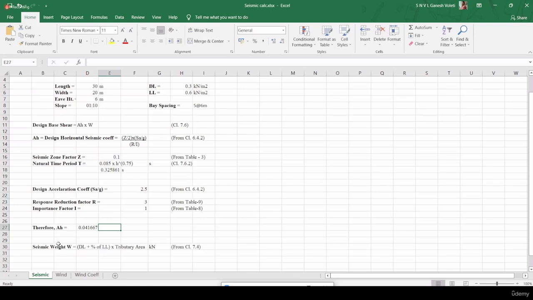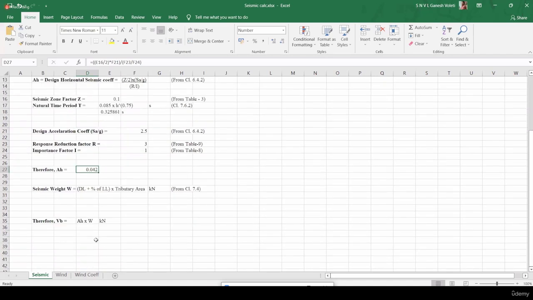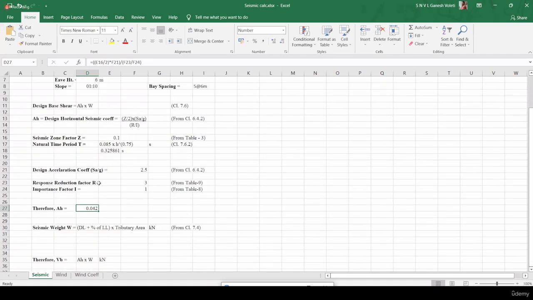So what we got? Ah, the horizontal seismic coefficient, is 0.041667, nothing but you can take it as 0.042. Fine. I think everyone is clear about this. So this is the calculation part of the design horizontal seismic coefficient.